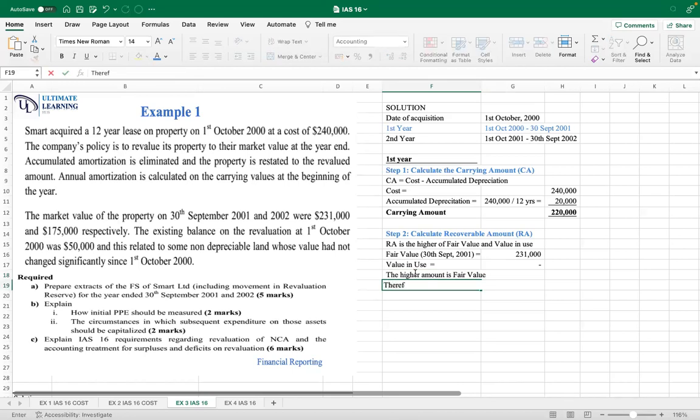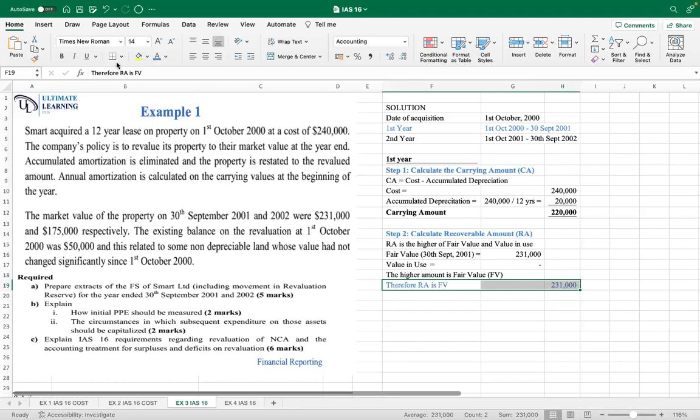Therefore, RA is fair value, FV. So therefore, recoverable amount is fair value, which is 231. The higher amount is 231.